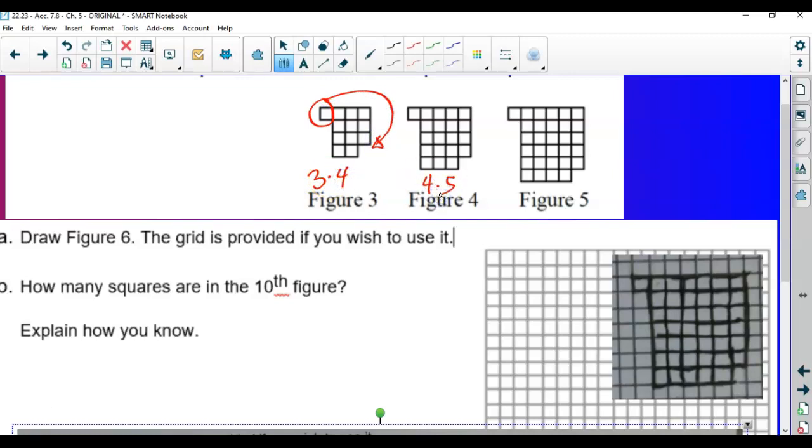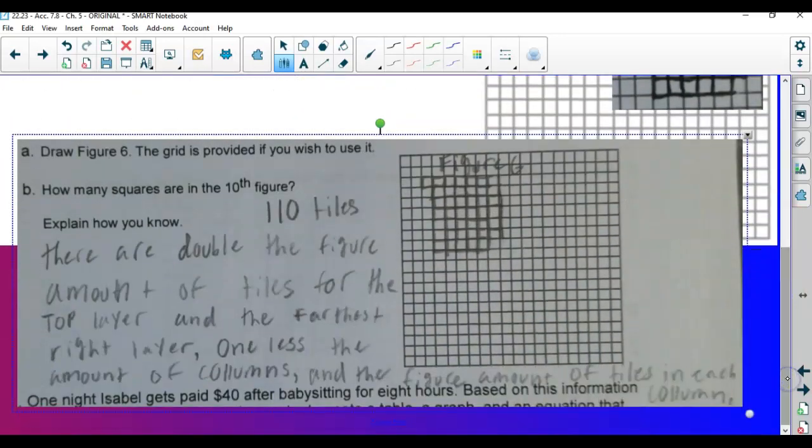Figure 4 is really a 4x5. Figure 5 would really be a 5x6. And figure 6 would really be a 6x7. So figure 10 would really be a 10x11, which is how we get 110 tiles in figure 10.